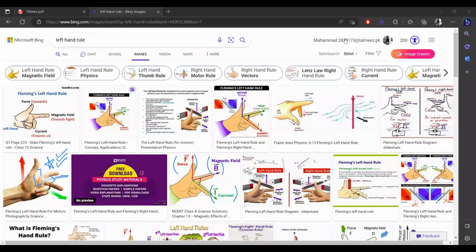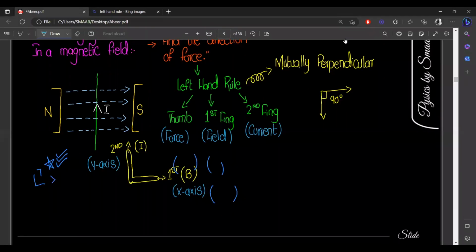Just consider in our situation that we place the first finger in the magnetic field. So just open all three fingers, it means two fingers and one thumb, and rotate your hand to align it with the direction of magnetic field and electric current in the diagram, right?